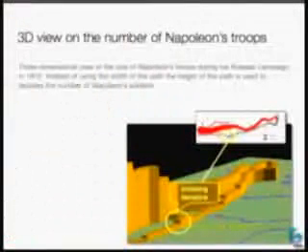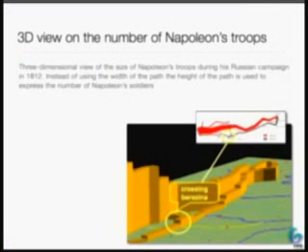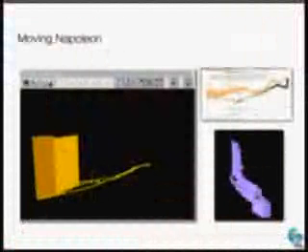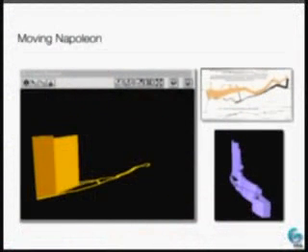Just a few other quick looks. This is a 3D version of the map. The height shows you the number of troops. This is the same, but now these heights and troops have been animated, and you see that during time he's losing people.